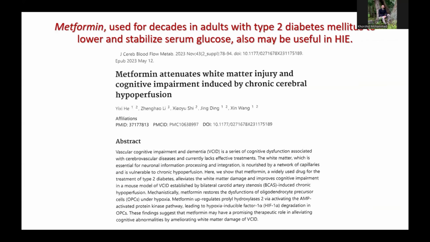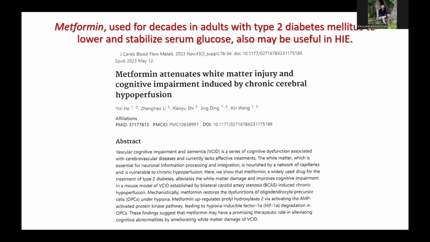Metformin, which has been used for decades in adults with type 2 diabetes mellitus, non-insulin dependent, to stabilize serum glucose, also, it turns out, may be useful in hypoxic ischemic encephalopathy, not so much to regulate serum glucose levels, but rather to attenuate white matter injury and the long-term effects of that in terms of cognitive impairment and other functions.